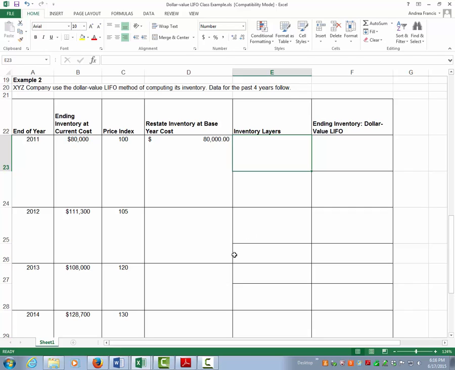So what this is telling us is that the full ending inventory is coming from 2011. Okay, so this is the 2011 layer, and ending inventory under LIFO for this year is still 80,000.